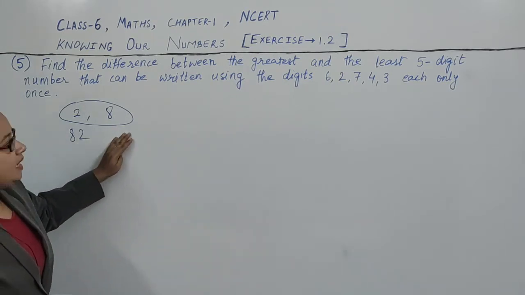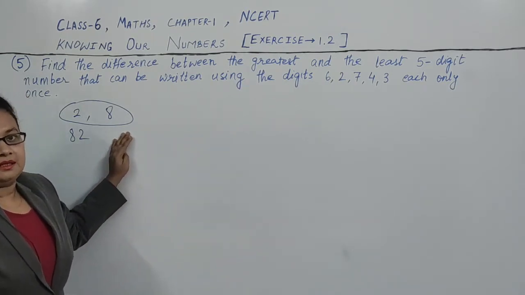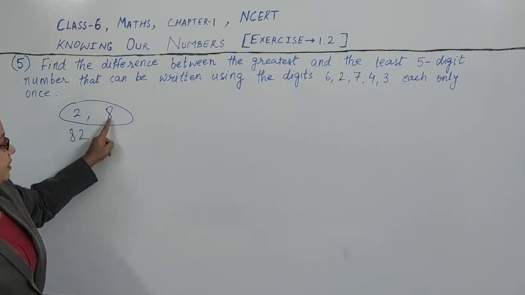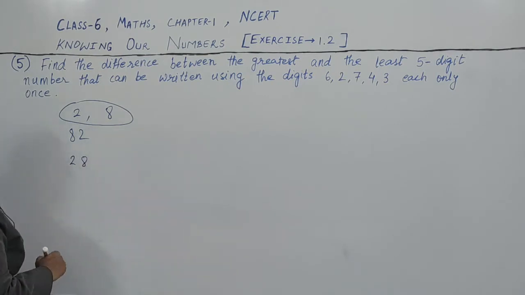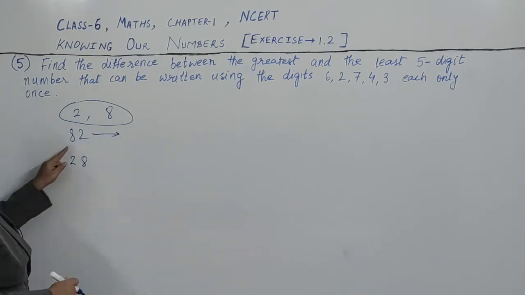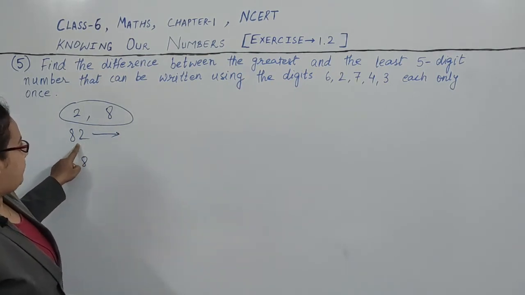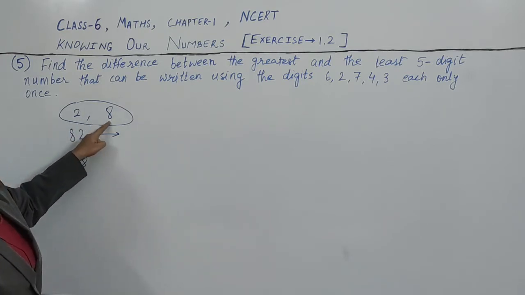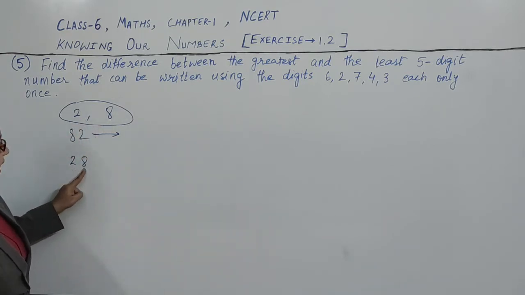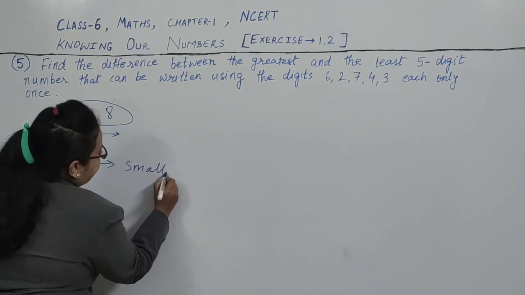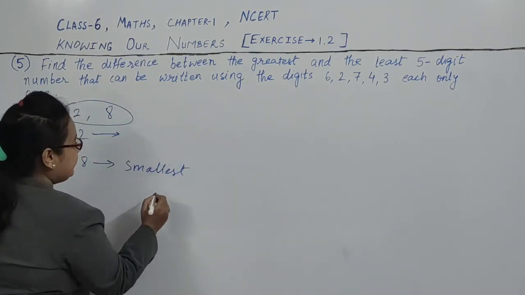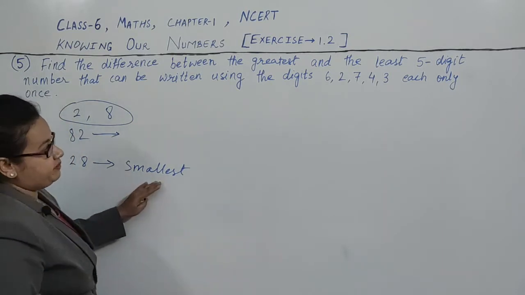And what is the smallest number which can be formed with these 2 digits? It is 28. So 82 is the greatest 2-digit number that can be formed with these 2 digits, and 28 is the smallest or the least. Smallest and least mean the same thing.